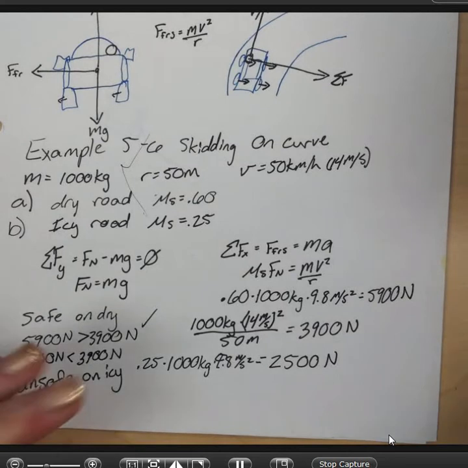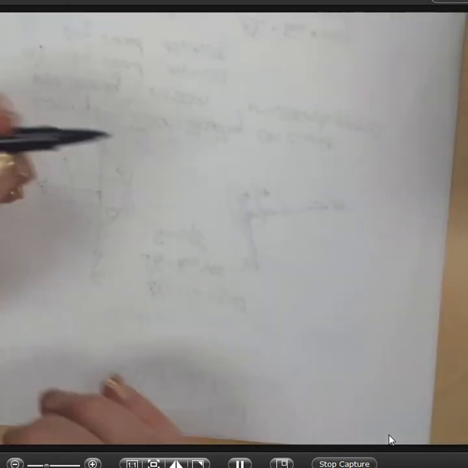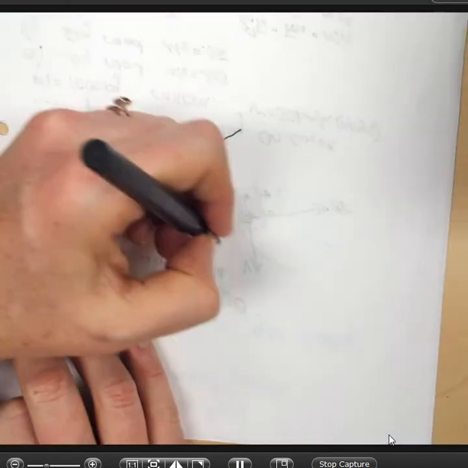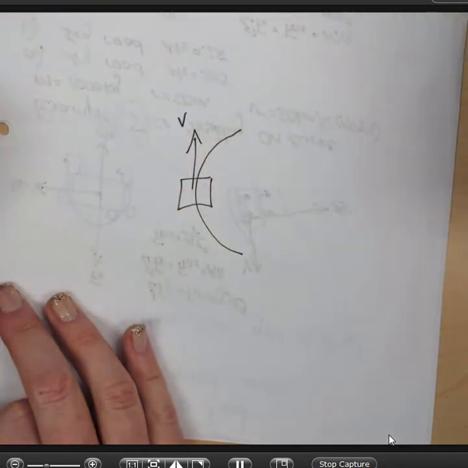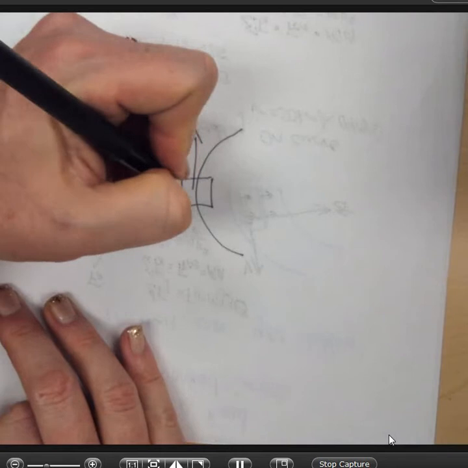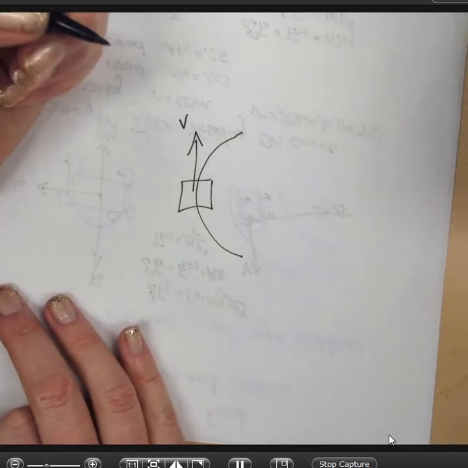So why is that so dangerous? Let's think about this. When you're going around a curve, imagine this curve and imagine this car and imagine your tangential velocity v. When you turn your wheels, what you're doing is changing the direction of your friction.